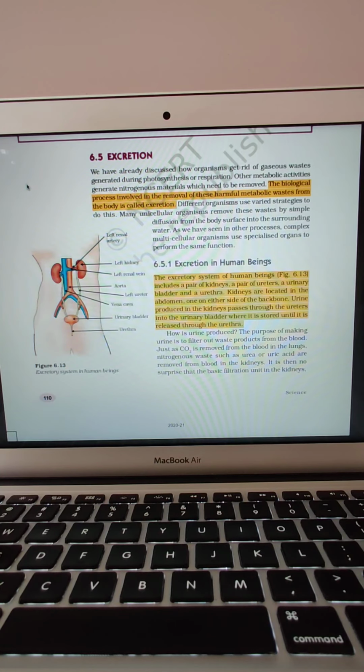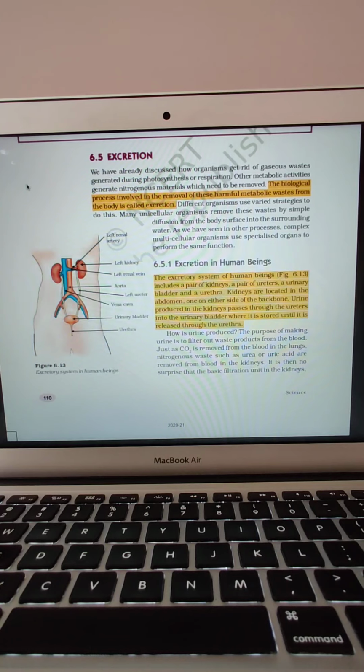I'll just name a few; later we will deal with it in detail. Lungs, liver, skin and the large intestine all help in the removal of waste from our body.